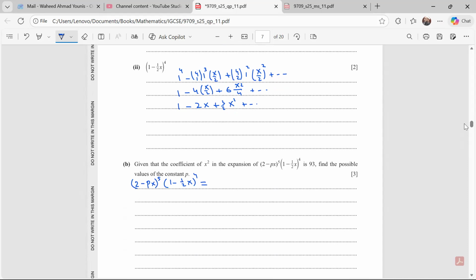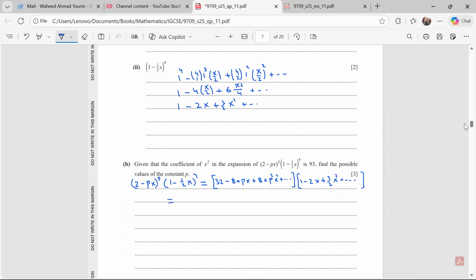remember the first expansion had something like 32 minus 80px plus 80p square x square and some more terms. Similarly, the next bracket gave me 1 minus 2x plus 3 by 2 x square and some more terms, right?